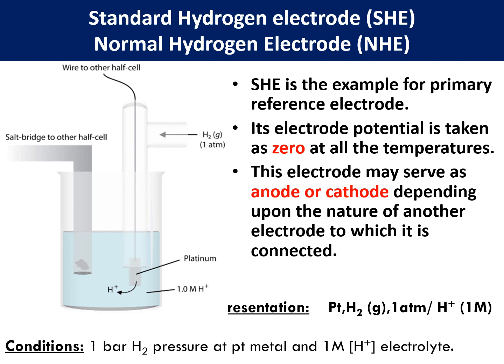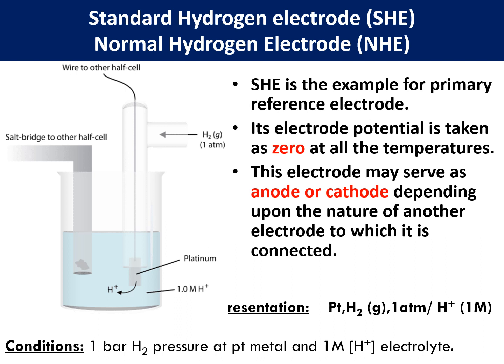That means we take it as one of the half cells in the electrochemical cell, and its electrode potential is already known, equal to 0. This electrode may serve as anode or cathode depending upon the nature of the other electrode to which it is connected. SHE is one half cell, and for the other half cell we take the unknown metal.